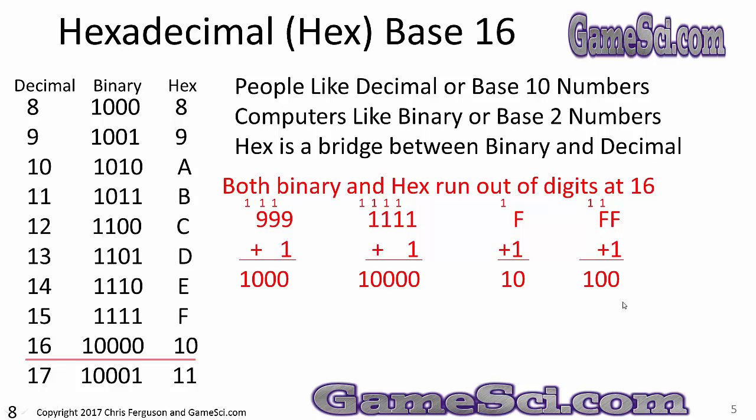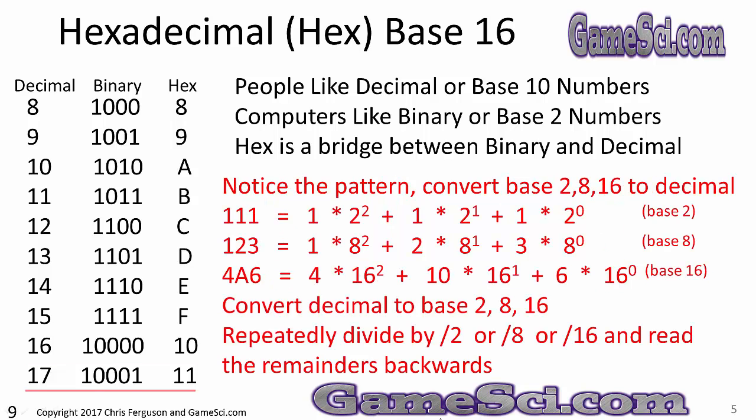It's simple. In decimal, you run out of digits after 9. In binary, you run out of digits after 1. And in hexadecimal, you run out of digits after F. So F plus 1 is going to be 0, carry the 1. Notice the pattern. When you want to convert base 2, 8, or 16 to decimal, what do you do? You multiply by powers of the base.